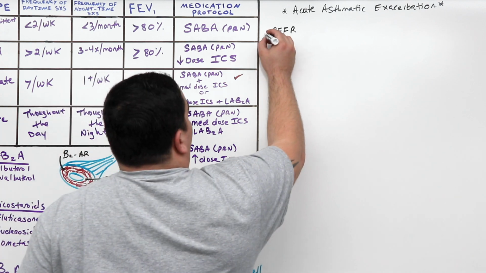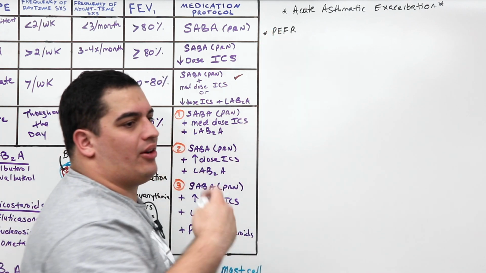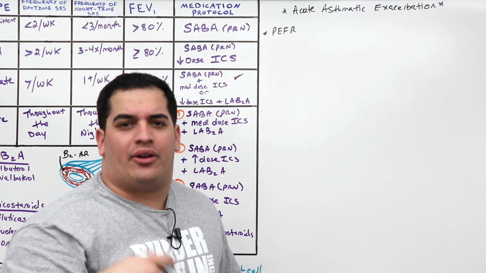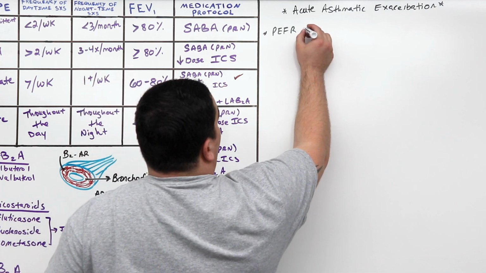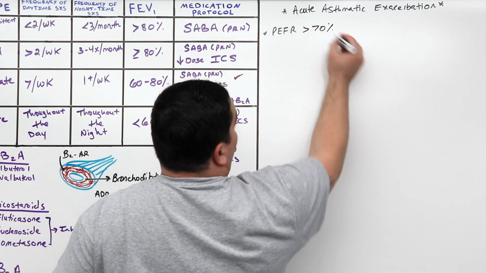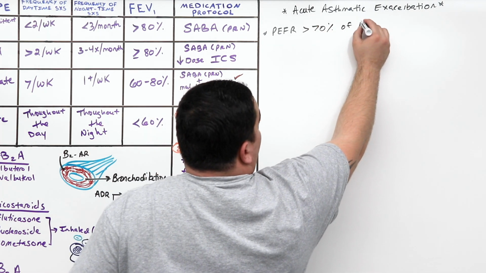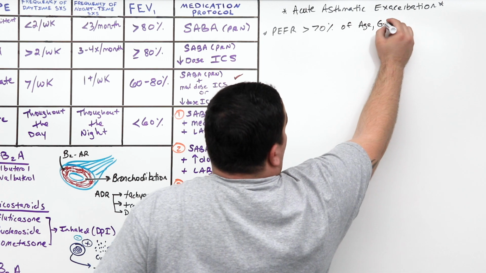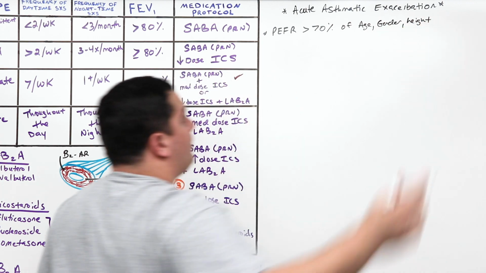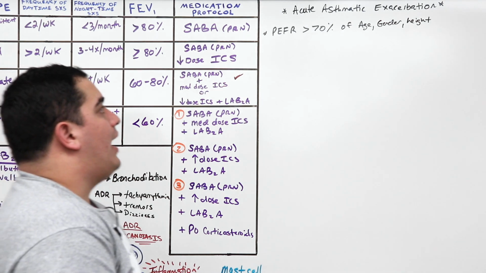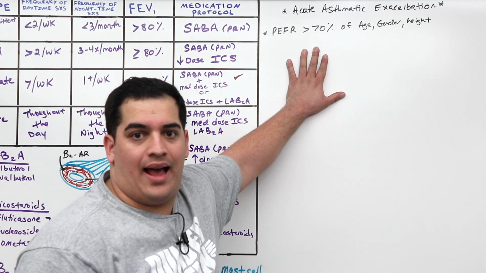When we do the peak flow, we base this upon their age, their gender, their height, and things of that nature. And we usually want their peak flow to be greater than 70% of particularly their age range. Again, we can do gender, we can do height, things of that nature. And that gives us a little bit of information.